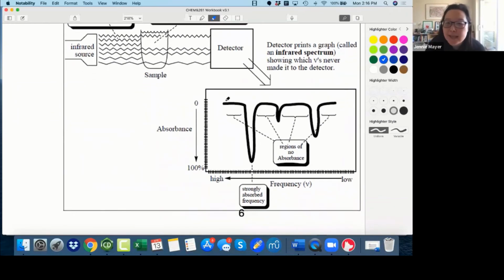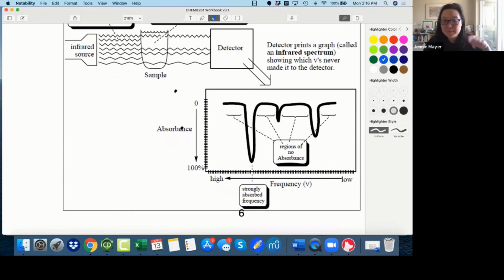So these points, again, these are where nothing is absorbed. So those are these lines right here. And then the energies that get absorbed, or the light that gets absorbed, are what's creating these peaks. And they do look upside down. These are upside down peaks because we are graphing transmittance or absorbance inverted, okay?